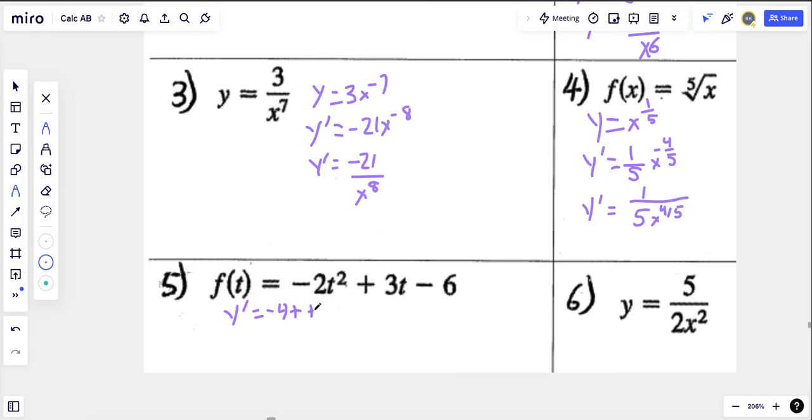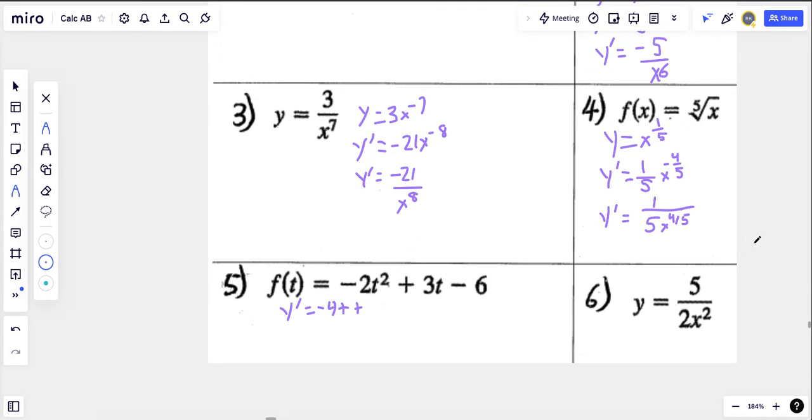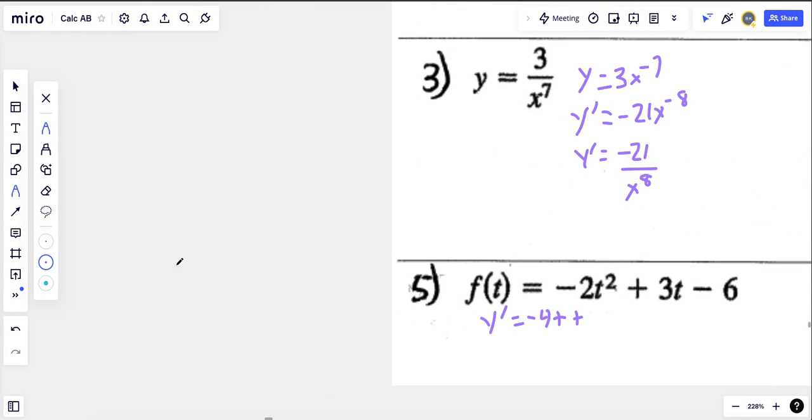and then plus, so this thing is 3t. Whenever you have anything in the form of the derivative d/dx of cx, where c is a constant, this is just equal to c.